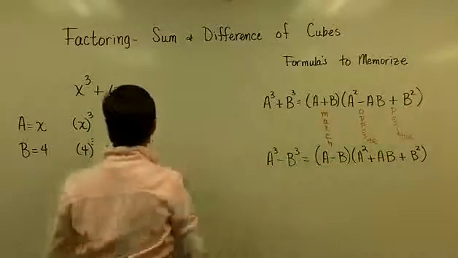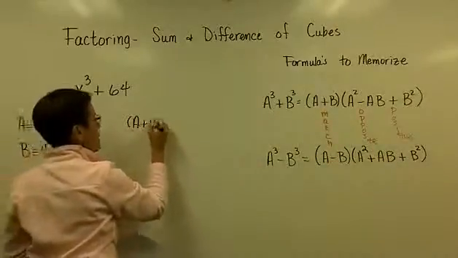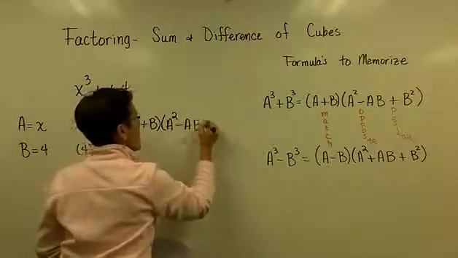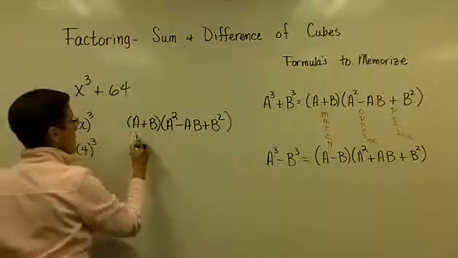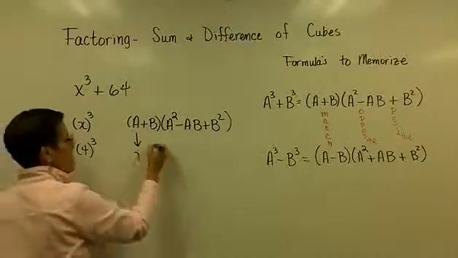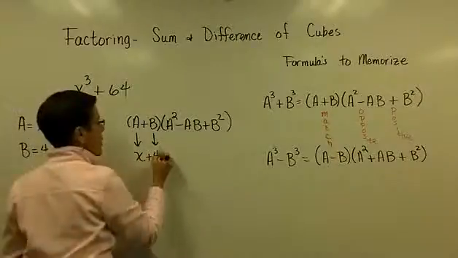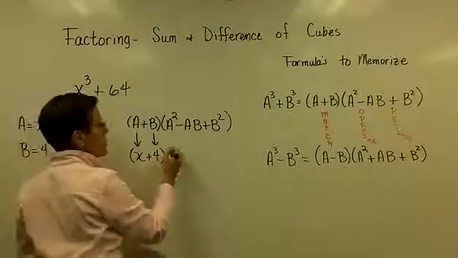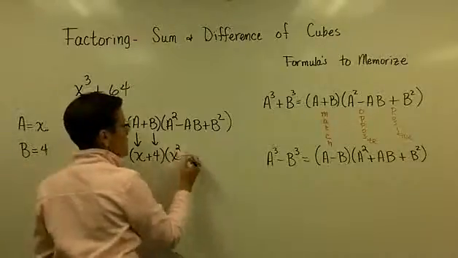So keep that formula over there in mind. It is a plus b times a squared minus ab plus b squared. I'm just recopying it. Right here, I'm going to put in my x value. For b, I found out that that's 4. And in factored form, the binomial will be x plus 4. I'm going to put in this a value again and square it.